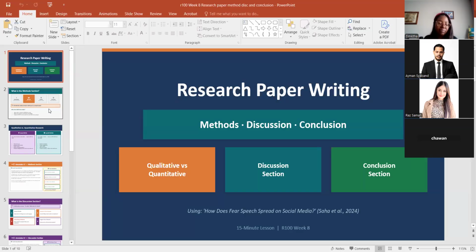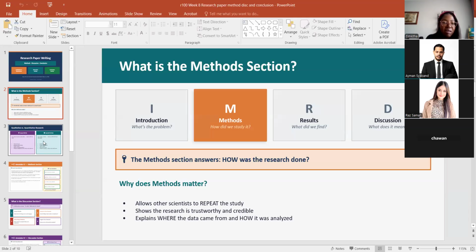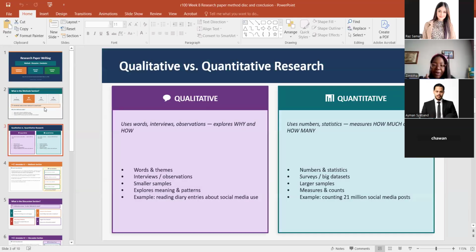The method, like when you want to find something from a resource, you have to bring something from a verified resource, so you can use it in a research paper. Okay. Not 100%. Let's try again. Methods. Raz.